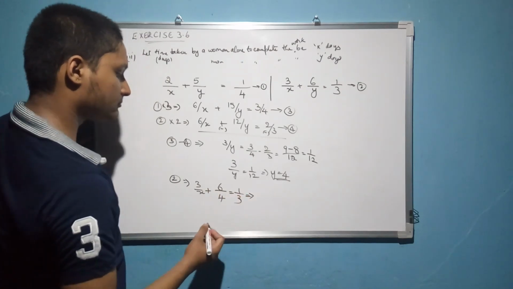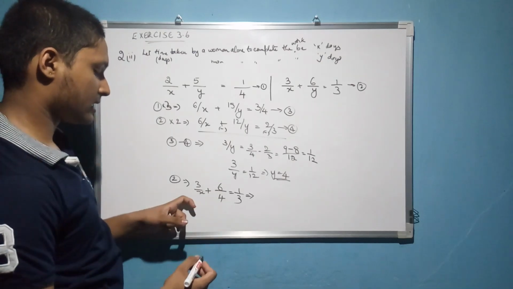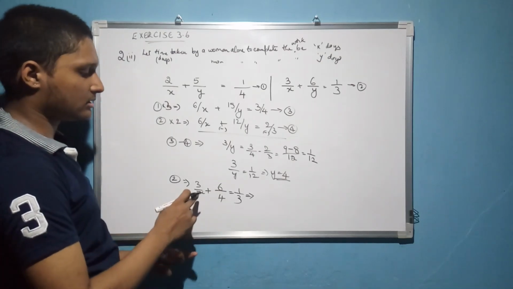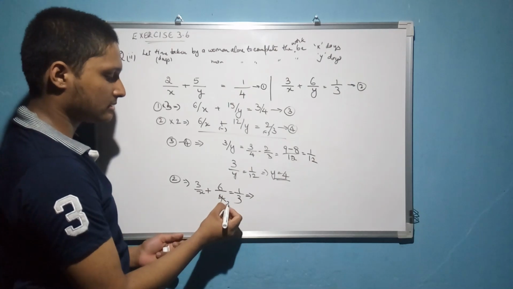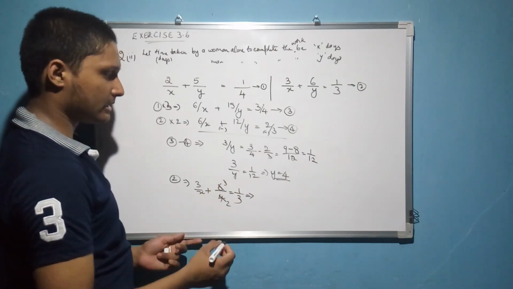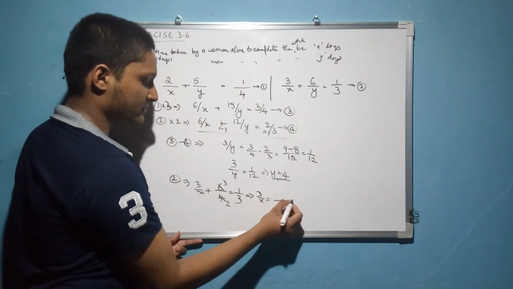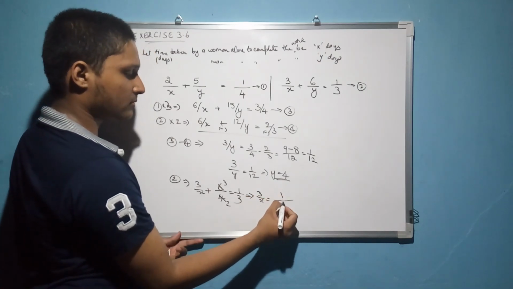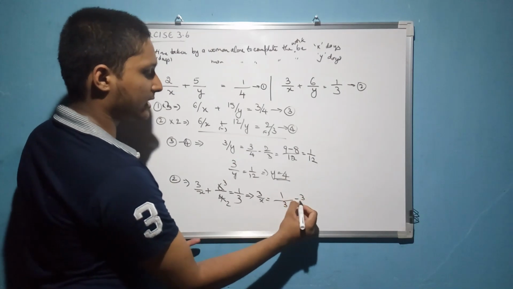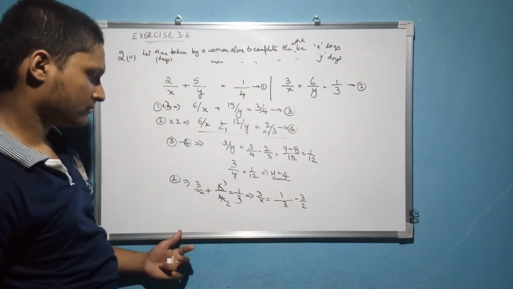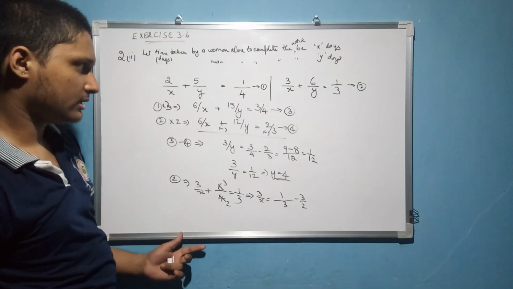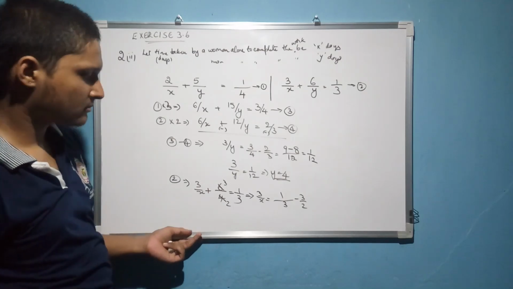Okay, now we're going to get 6 by 36 is 1 by 6. Again something with the LCM. So 3 by x is equal to 1 by 3 minus 1 by 6.